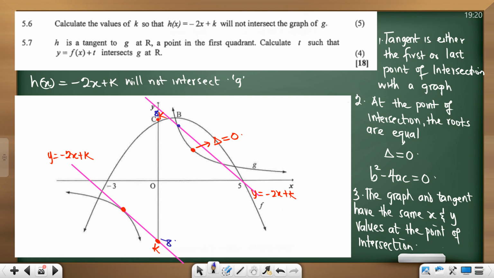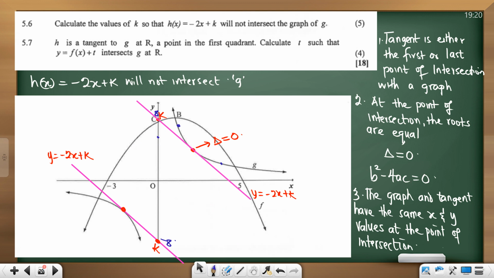Touching, there and there. Intersect means touch. So for it not to touch, I shouldn't be going up. Anywhere I go, do you see it's still touching? If I don't want it to touch, what should I do? Move down. But when I move down, what's happening to my y-intercept? It's also decreasing.